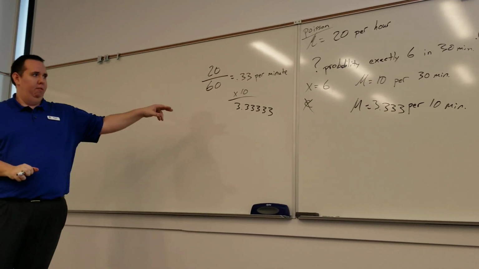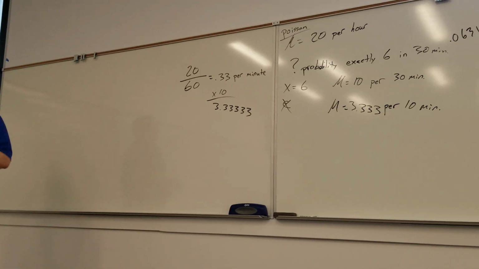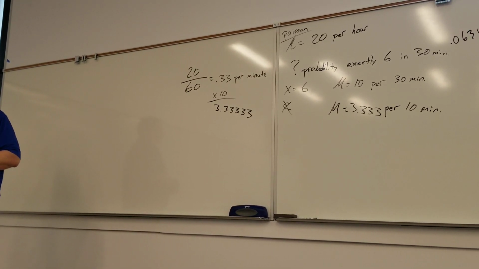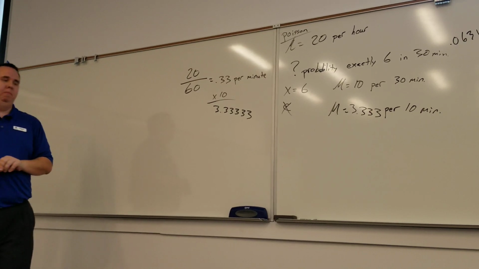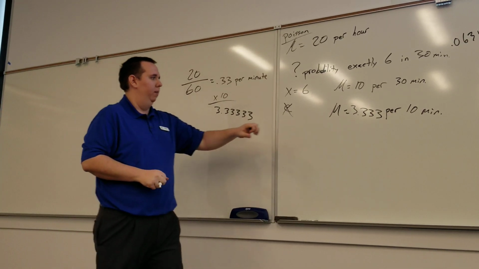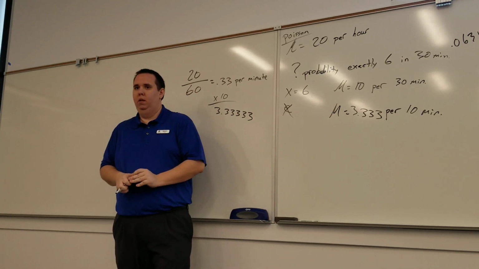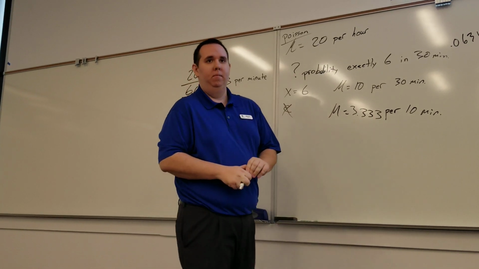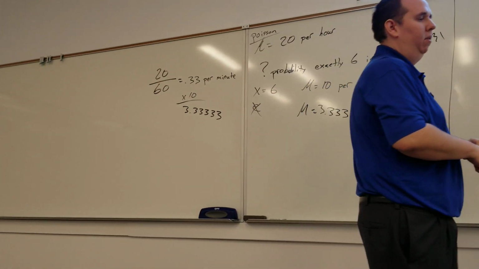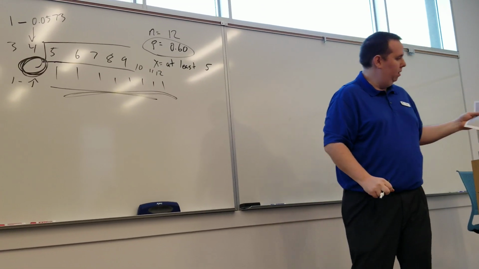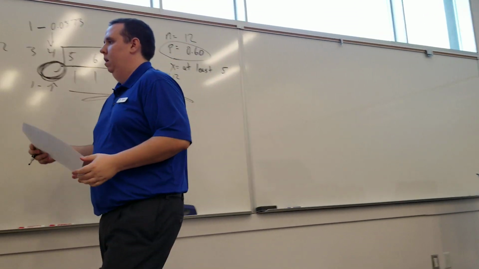Do you have 3.3 repeating in your table as a mean? Nope. So, what are we going to have to do in this case? If we can't use the table, what do we use? We use the formula. So we look at our formula sheet, right?